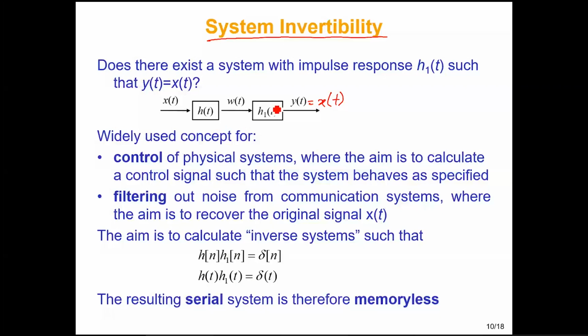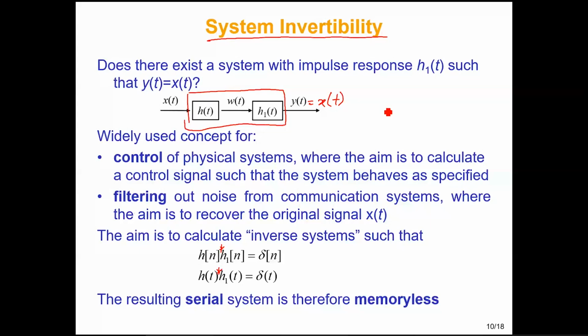Now we have seen two systems cascaded together. If we combine these two together, then the equivalent system would be, let's say, h(t) convolved with h1(t). This is basically convolution.